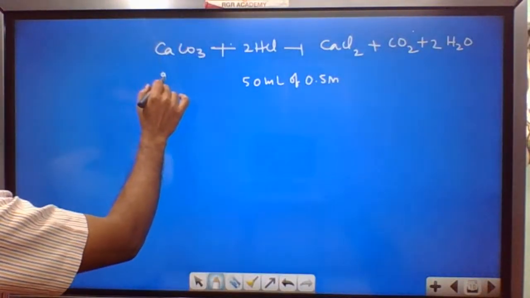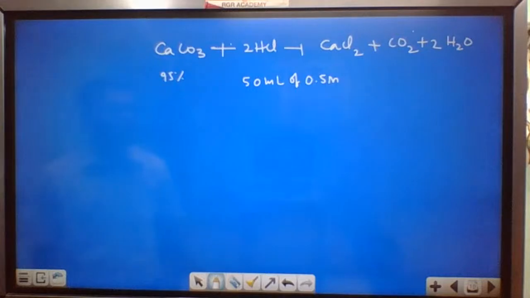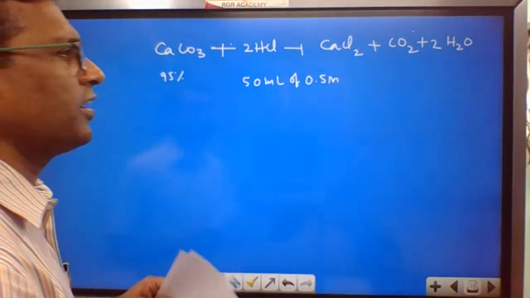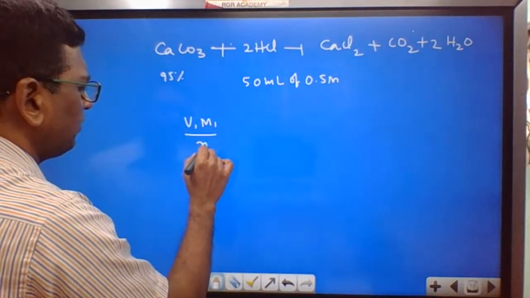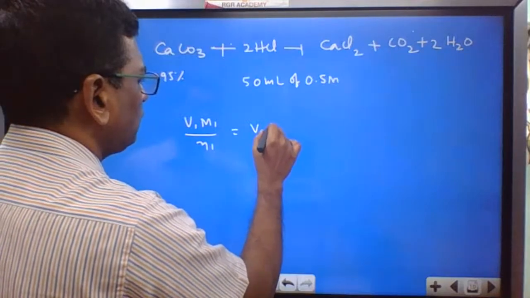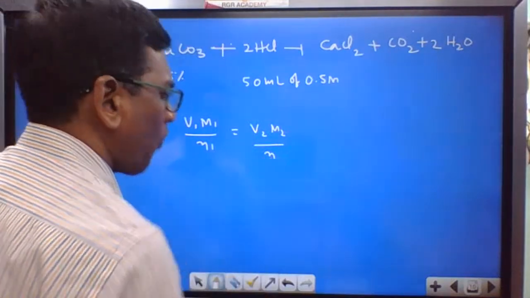They gave only 95%, not 100%. First we calculate assuming that it's 100%. For that, the simple one is V1 M1 by n1 is equal to V2 M2 by n2.